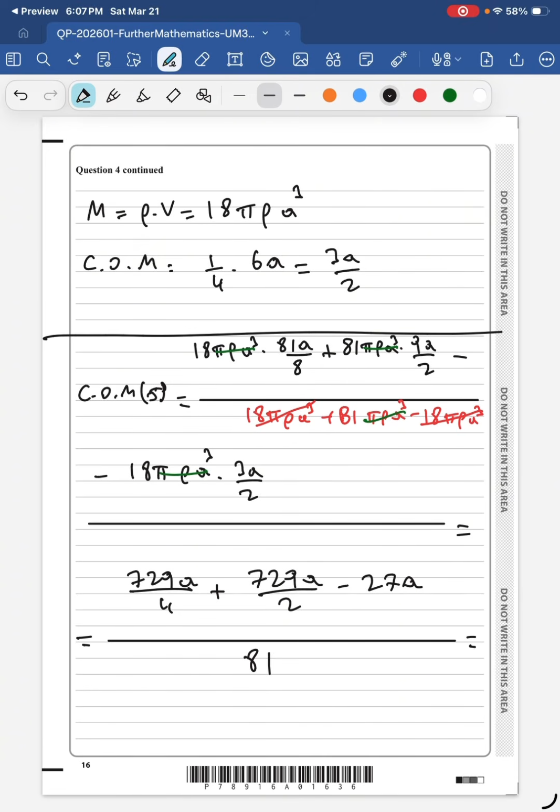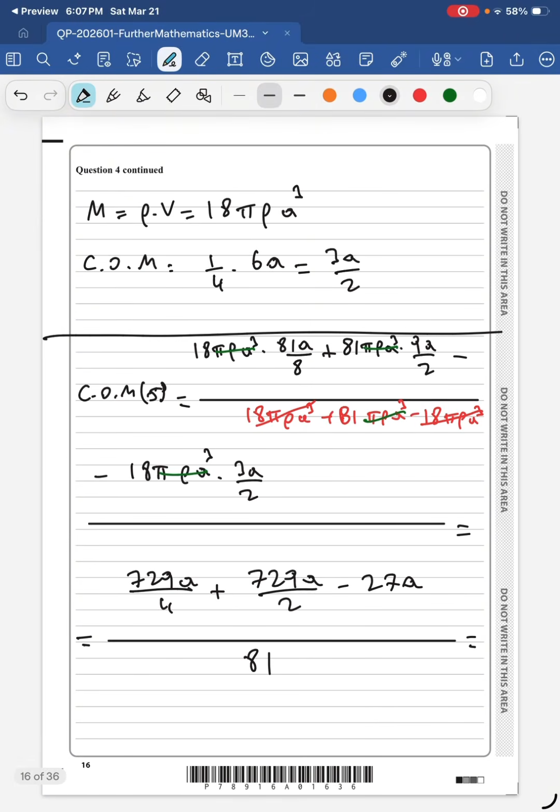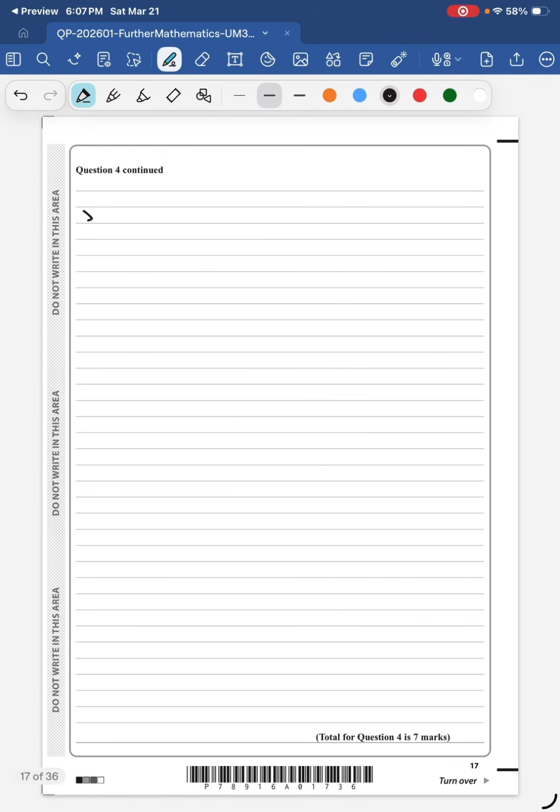And if we keep going, we find that actually, let's use this space. So it becomes 2079a over 4 over 81. So this is 77 over 12a. Okay, B.